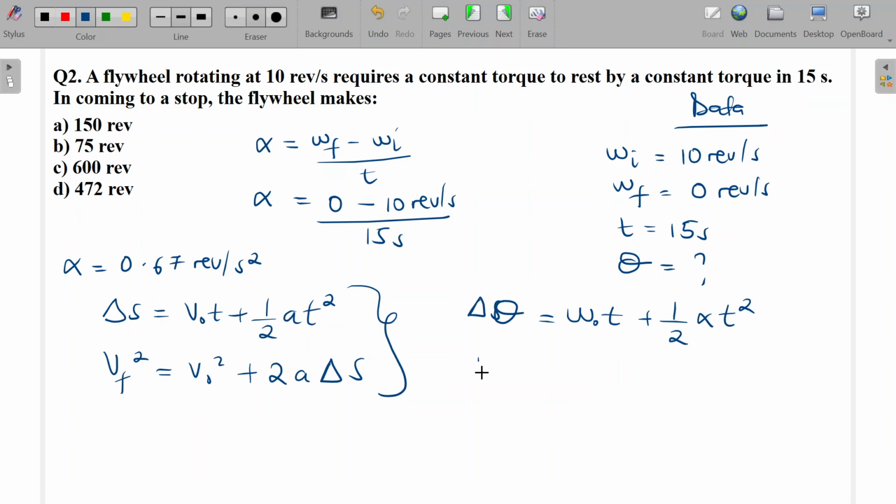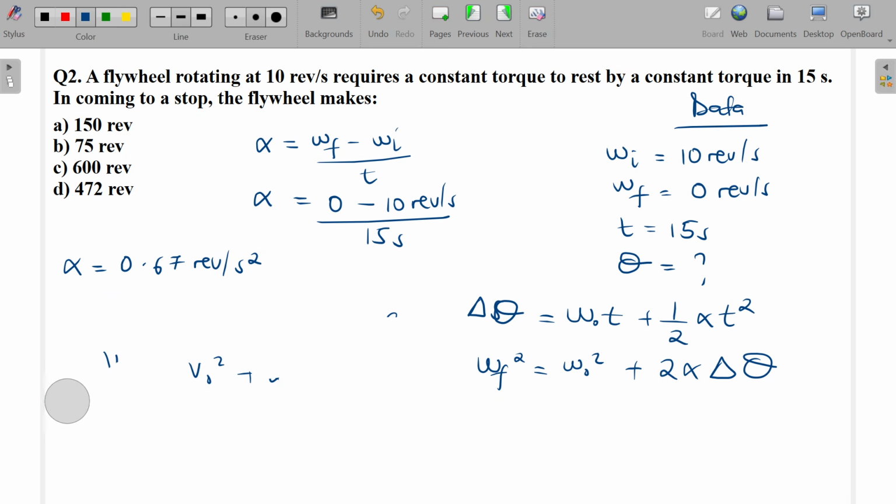Then for this one, W final squared equals W initial squared plus 2 alpha change in theta. So you have your acceleration, your initial angular velocity, your final angular velocity, and the time, so you can use any of the two.